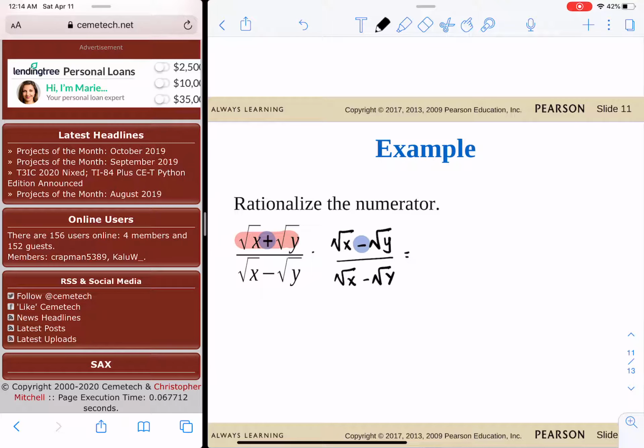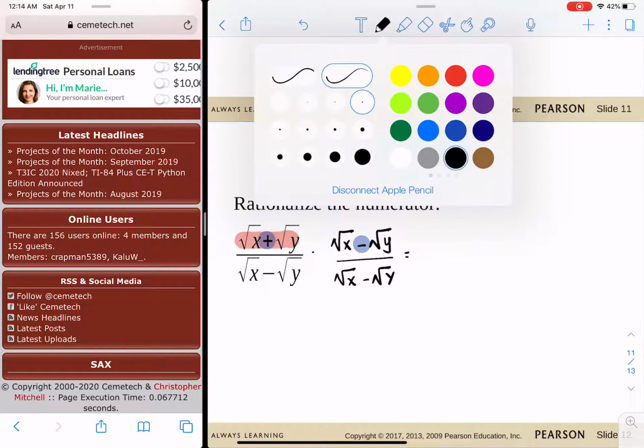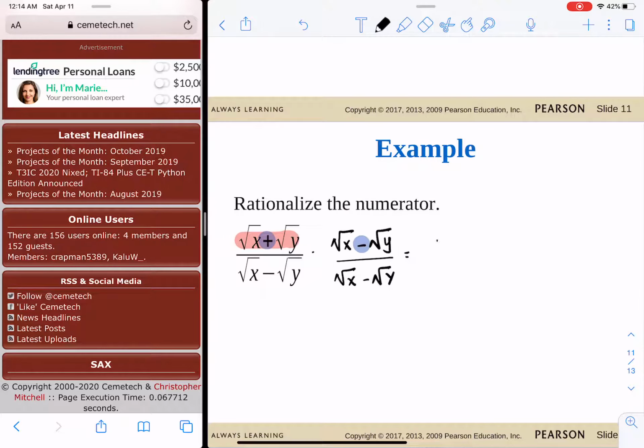And if we have this setup, we know from previous examples, I could simply write it as square root of x squared. Square root of x is the first term. The minus in the middle is important. Square root of y squared, that would be the second term, divided by square root of x minus square root of y. Since those 2 terms in the denominator are identical, I could simply combine them and write it as square root of x minus square root of y whole squared.